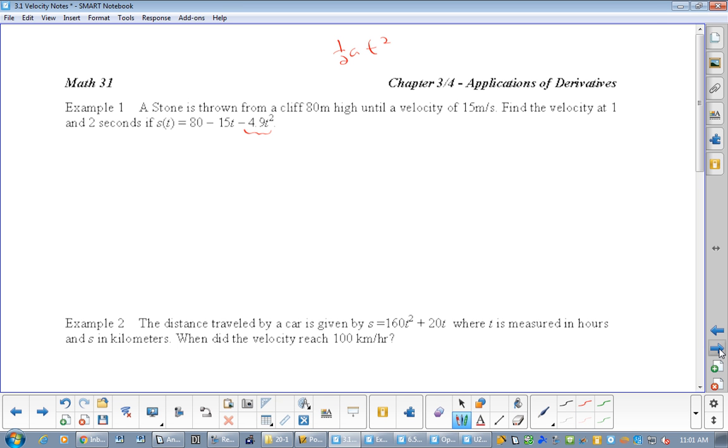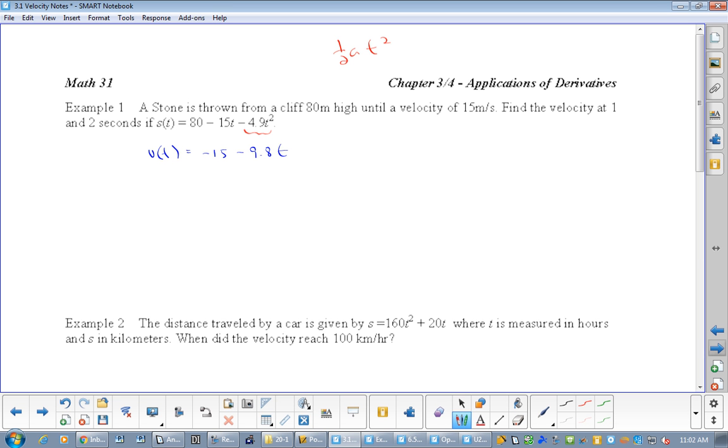So velocity at time t equals, well, the derivative of 80 is 0, minus 15t is minus 15, minus 9.8t.